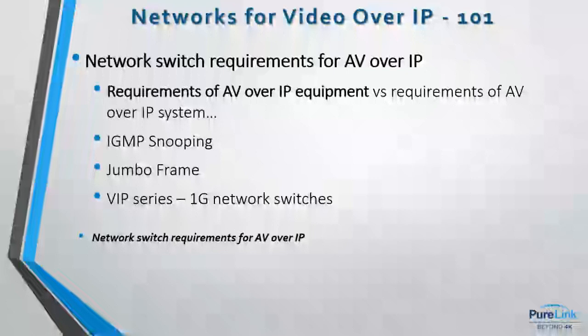Our products require 1G network switches. They do not require 10G network switches. Only your application might. If you have so many network switches you need to hub together, then you might, but that's an application requirement.